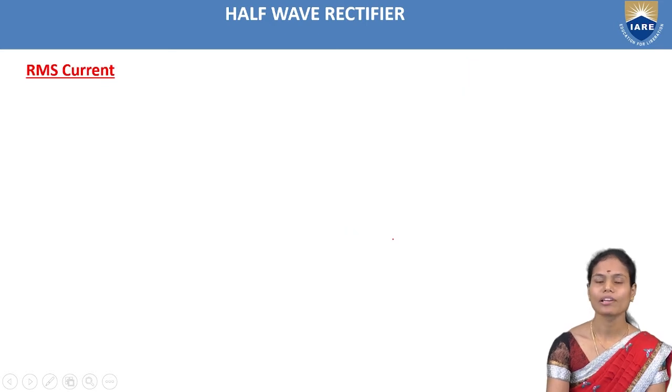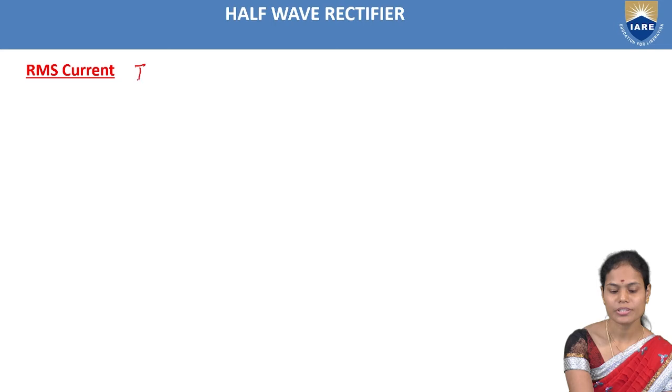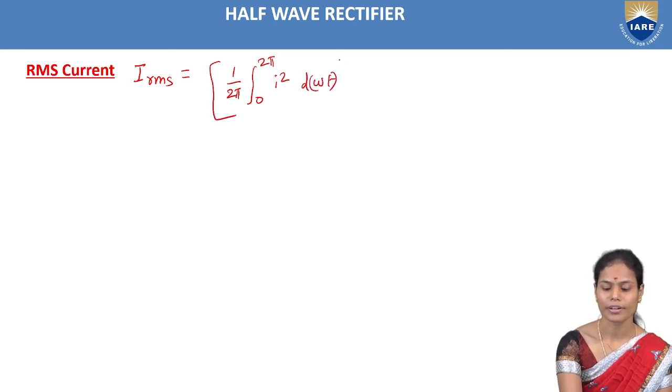Next we need to calculate the RMS value of the current, that we are representing as IRMS. To find the root mean square value, we have to take 1 by 2 pi integral of 0 to 2 pi I square d omega t, under root.